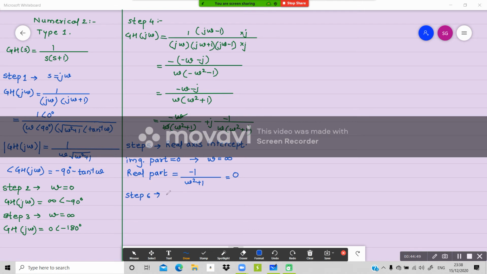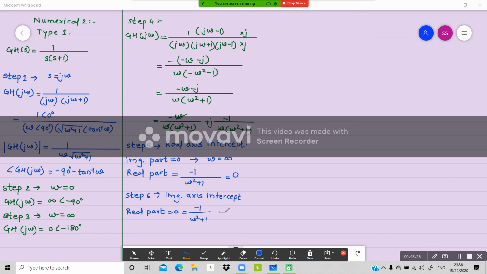On the same line, now if you are talking about step number 6, that is imaginary axis intercept. Yeah, so imaginary part, when you want to get that, you have to equate real part to 0. So I'll write real part equated to 0, which is equal to minus 1 upon omega square plus 1.